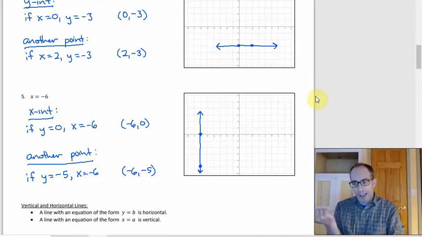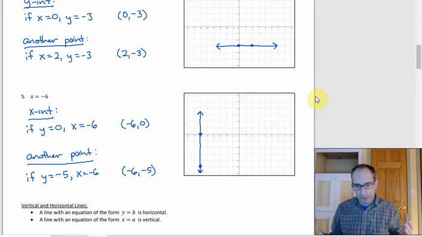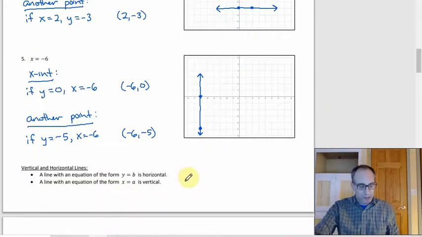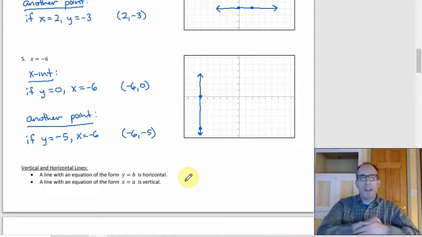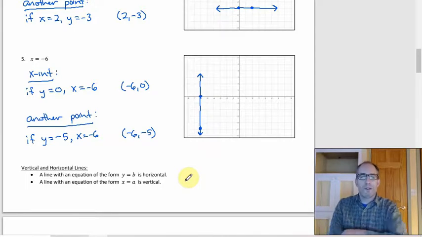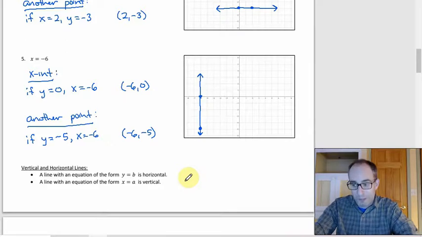A horizontal line or a vertical line, when you know it's coming, those really aren't too bad. And what it says down here is generally always going to be true, that any line with an equation in the form y equals b, where b is some number, that's going to be horizontal, and any line with an equation in the form x equals a, where a is some number, that's going to be vertical.